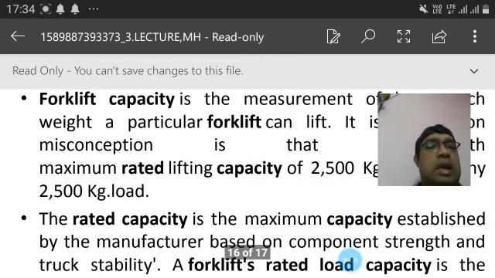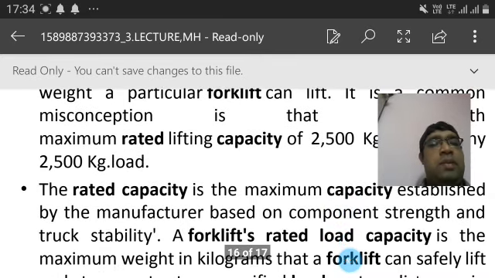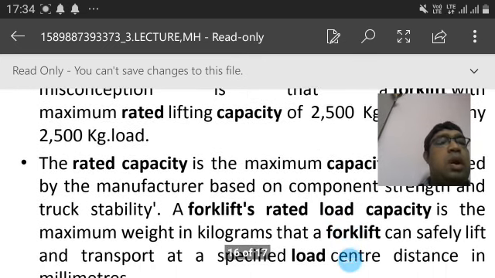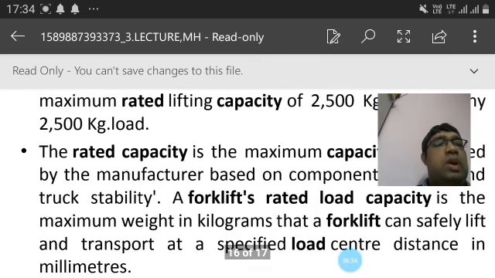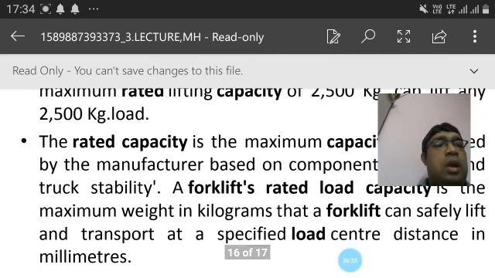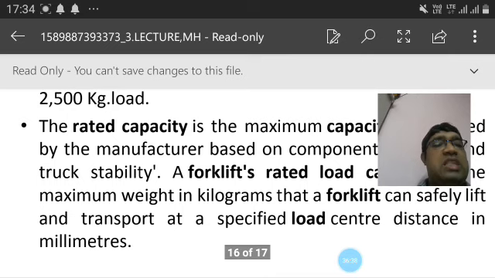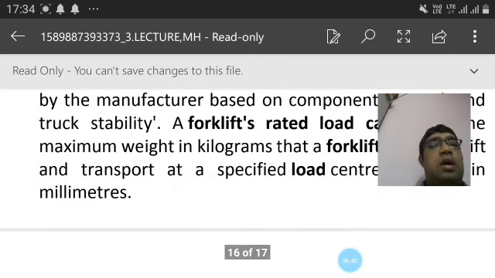The rated capacity is the maximum capacity established by the manufacturer based on component strength and truck stability. A forklift's rated load capacity is the maximum weight in kilograms that the forklift can safely lift and transport at a specific load center distance in millimeters.